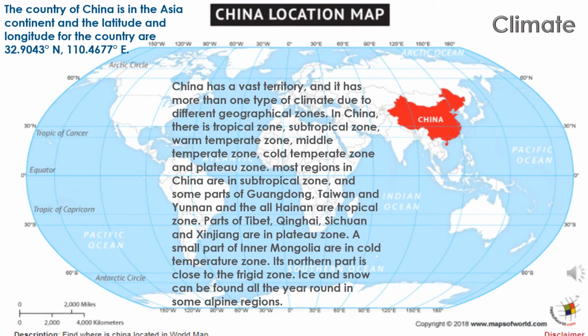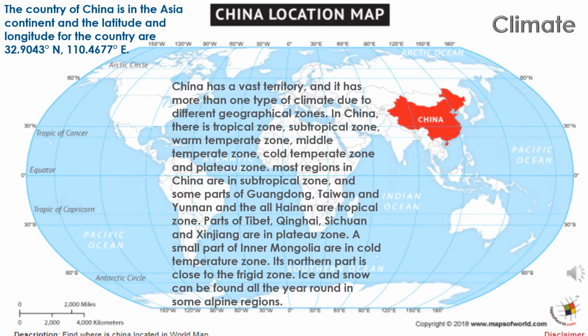Now let us talk about the climate of China. The country of China is in the Asian continent, and the approximate latitude and longitude for the country are 33° north and 110° east. China has a vast territory and has more than one type of climate due to different geographical zones.